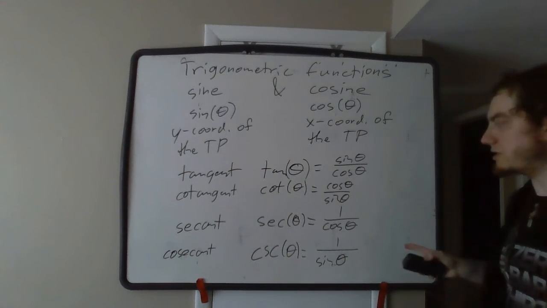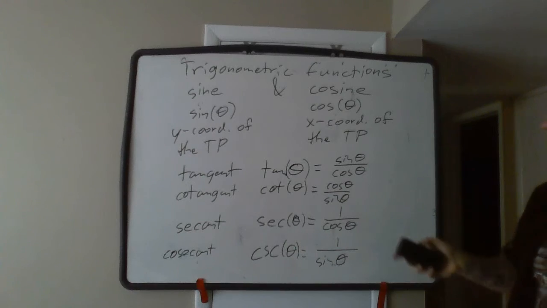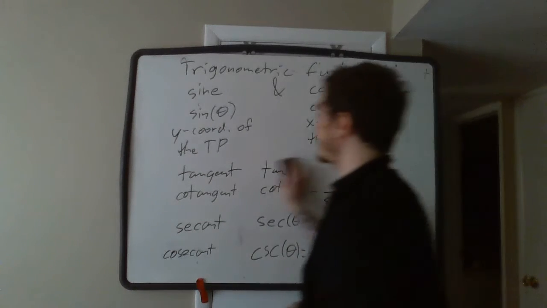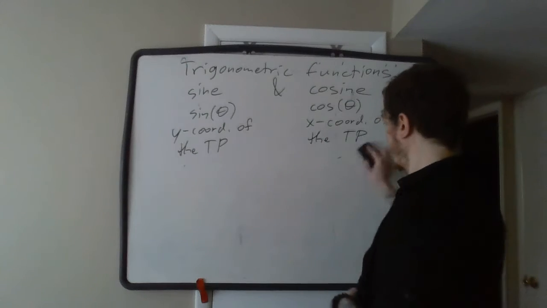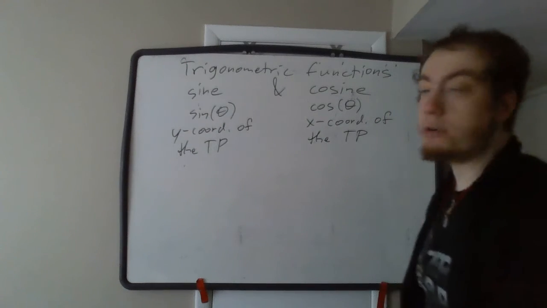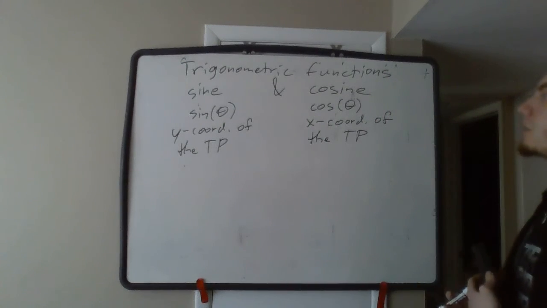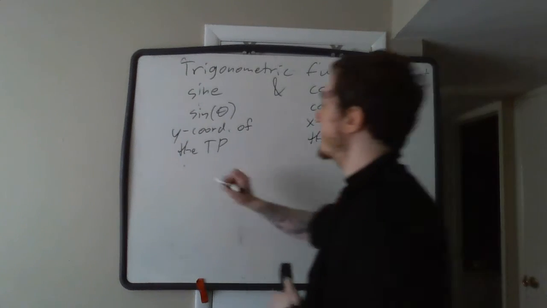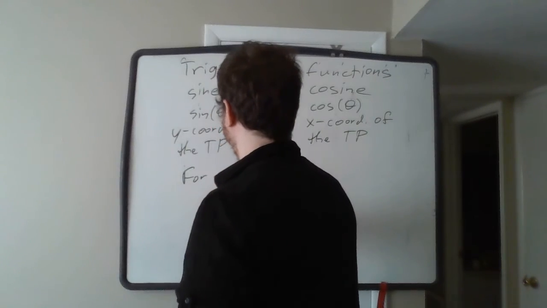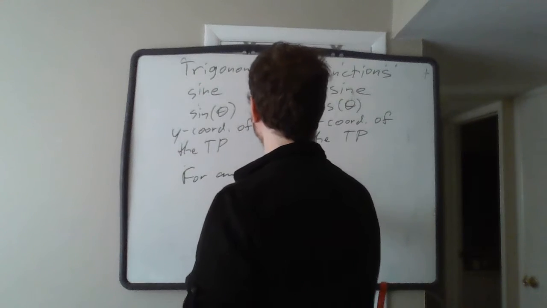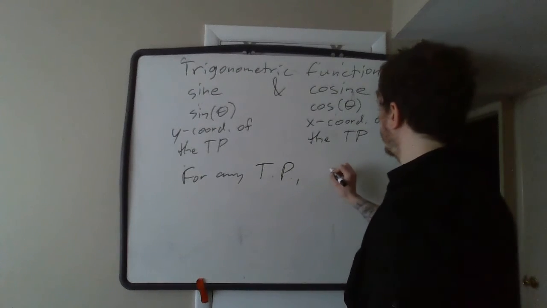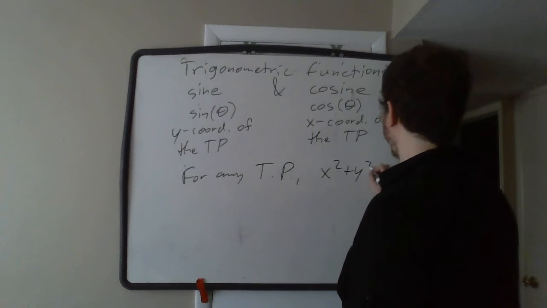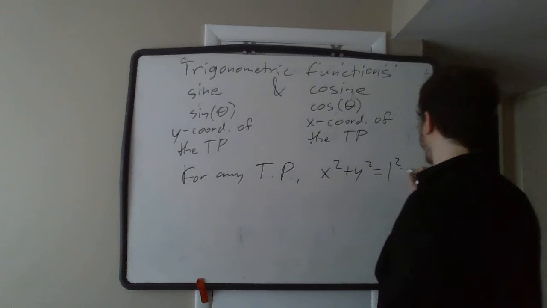So I'm going to erase this. You might want to pause this and take notes if you haven't written this down yet. So the first property that I want to observe is that for any terminal point, we have the relationship x squared plus y squared is equal to 1 squared.